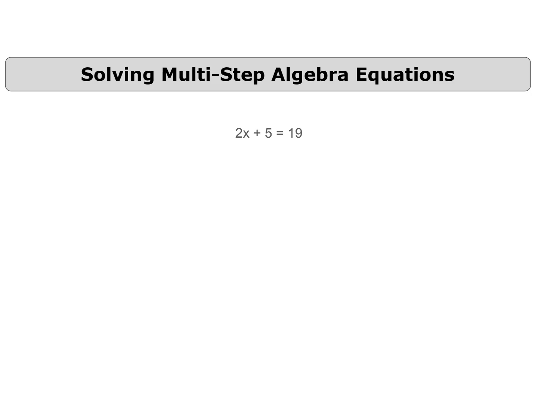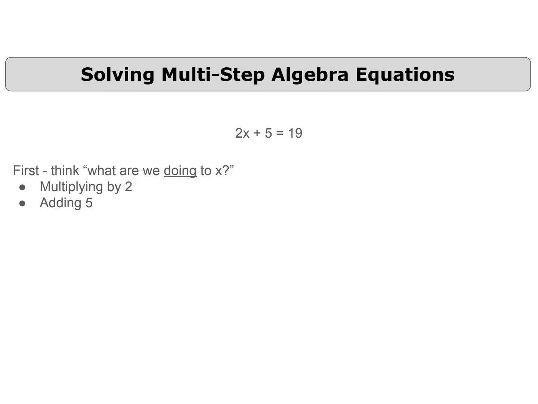The problems that we have done up until now, we call one-step equations. But most of the time in algebra, we have multi-step equations. We have to think, what are we doing to x? Here we are multiplying x by 2, and then we are adding 5.